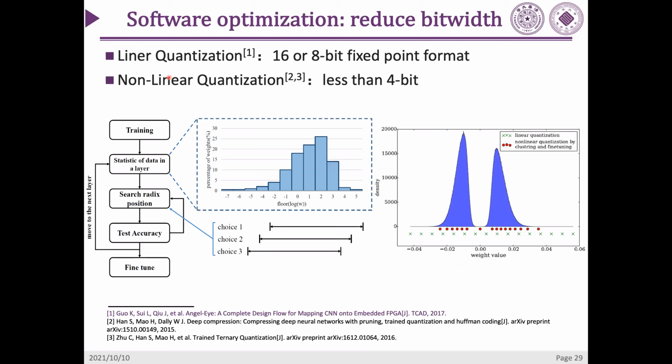Then you may reduce the area consumption to only 10% of the 32-bit multiplier. So then you can put more multipliers in your chip, and it will improve the peak performance. People have brought different quantization methods, such as linear and nonlinear quantization. This is a very useful technology, and everybody is now using that.